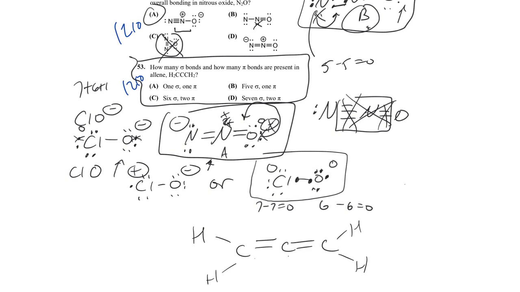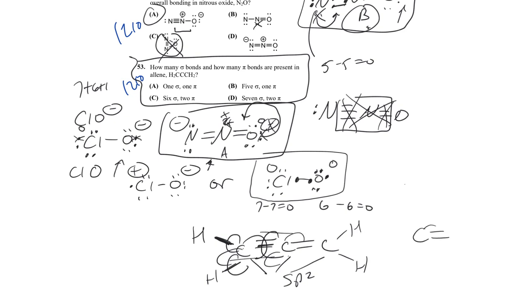I doubt you'd have to necessarily come up with a Lewis structure like this. We might just show you the Lewis structure and then you answer a question. So if you're looking at this Lewis structure and have it sketched out in front of you, I think this question is pretty easy, right? Because all 3 of these carbons are sp2, meaning I have these sp2 orbitals, and I have an sp2 orbital here giving us a sigma, and then I'd have the p orbital left over, making a pi bond.